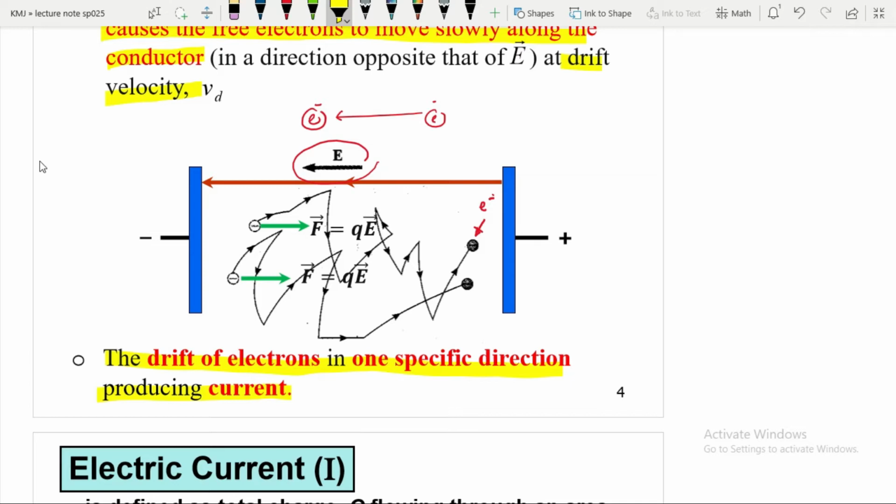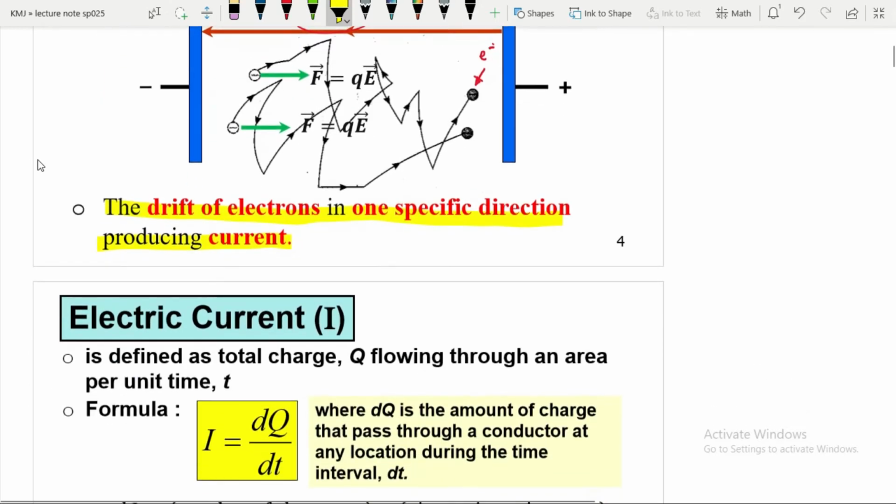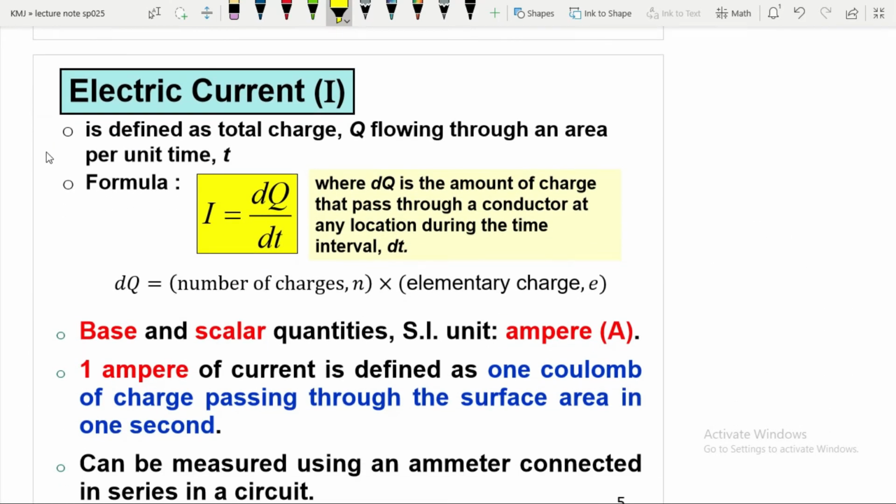So I'm going to move on to the electric current, the second learning outcome. Electric current is defined as the total charge Q flowing through an area per unit time. So it can be defined by using this formula. This formula is the definition for electric current, where dQ is the amount of charge that passed through the conductor at any location during the time interval dt.